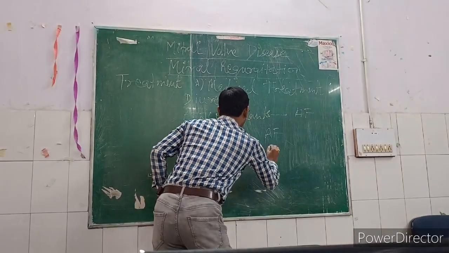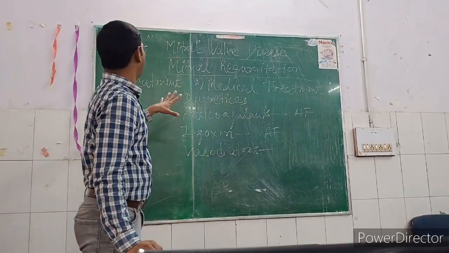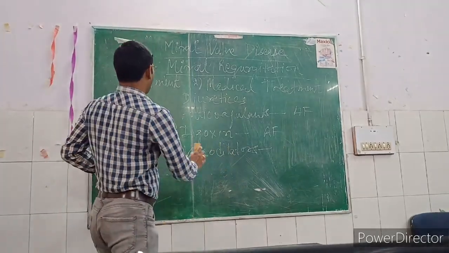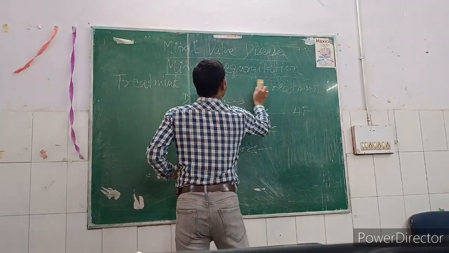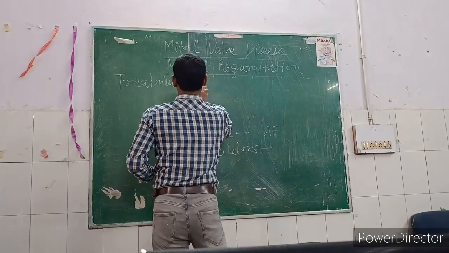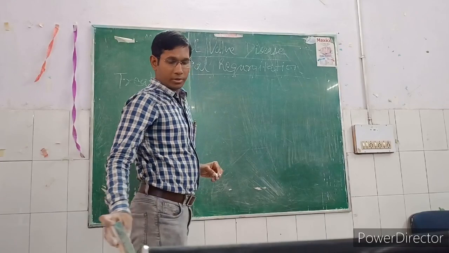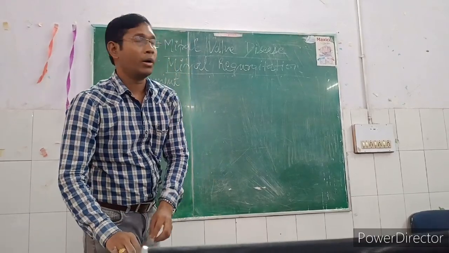Vasodilators if there is hypertension in case of mitral regurgitation. Now the interventional treatment. Interventional treatment is again the same as it was for mitral stenosis.